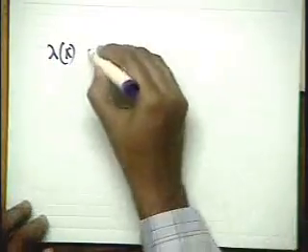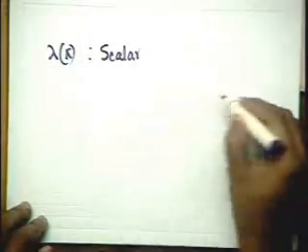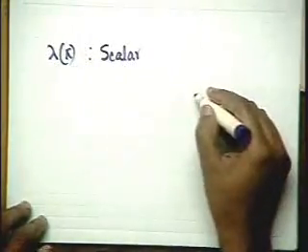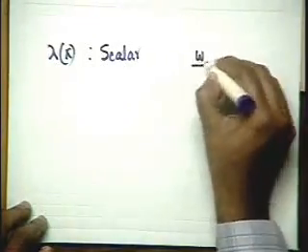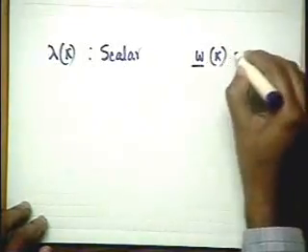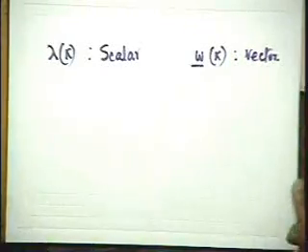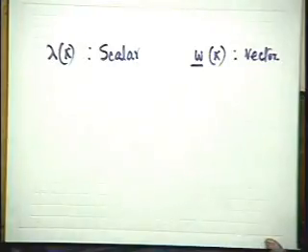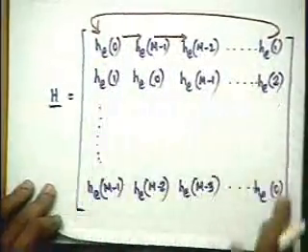I am going to define a scalar function which I will call lambda k, and I am going to define a vector, which I will call wk. This is going to be a vector, and I am going to define these two terms in terms of the elements of this H matrix.